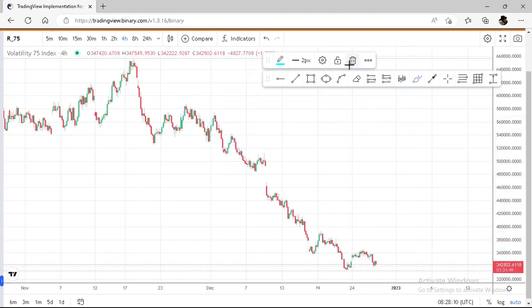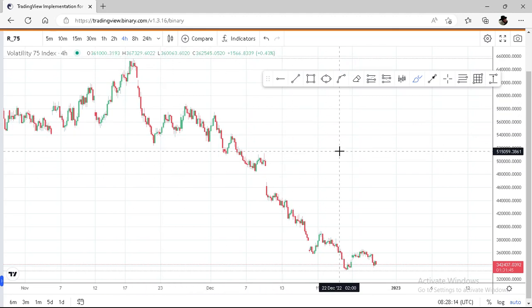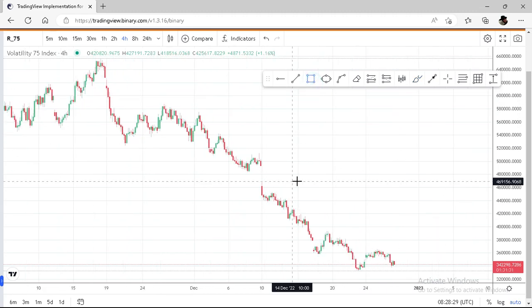So what do you want to do here? First of all, you don't want to trade against the trend, because most of your positions will be taken out. Secondly, you look for selling opportunities, which I'm going to show you here.